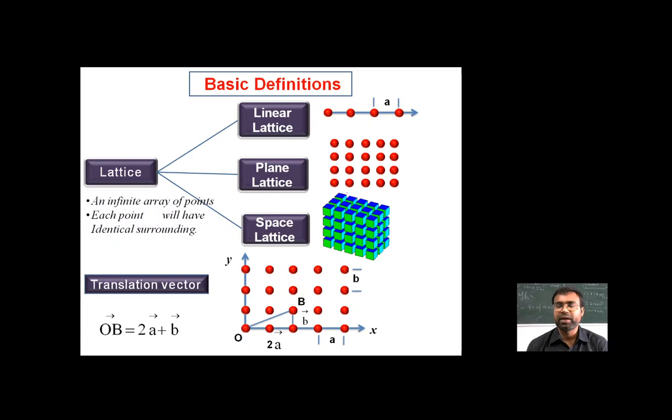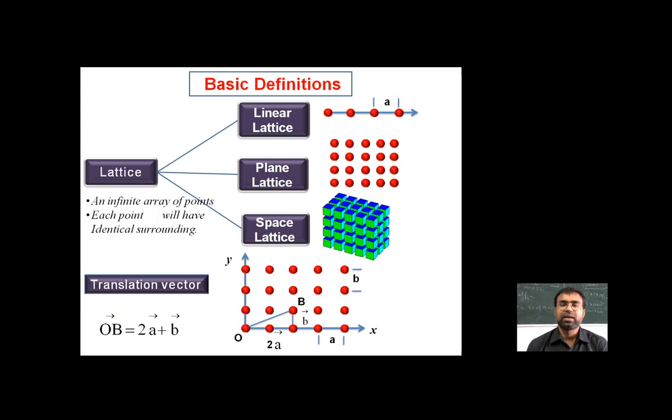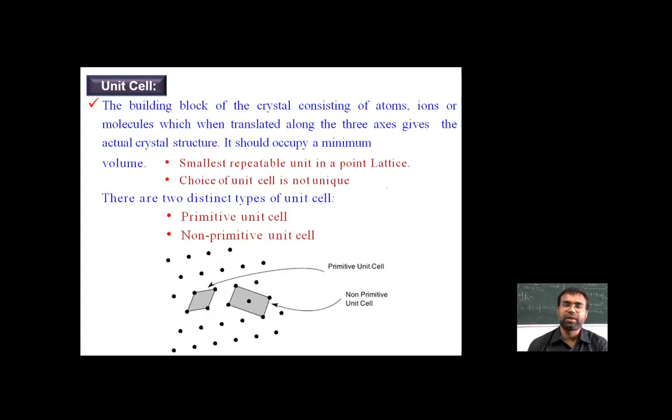These are the identification on which we can identify the various crystallographic planes. The basis is a group of atoms or ions which, when attached to every lattice point, produce the crystal structure, and lattice plus basis is equal to crystal structure.